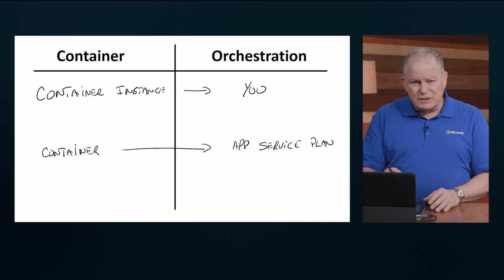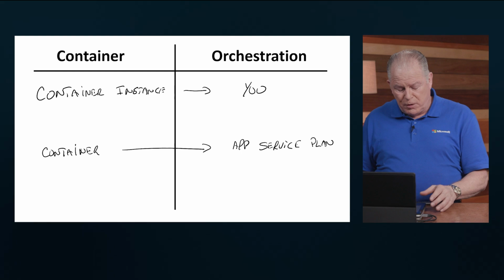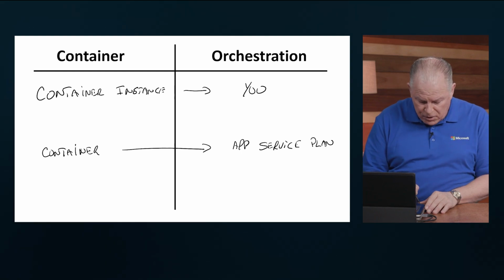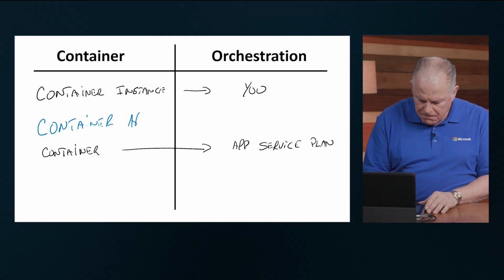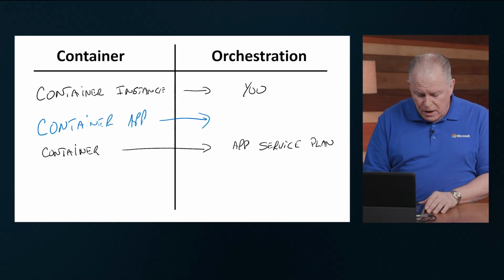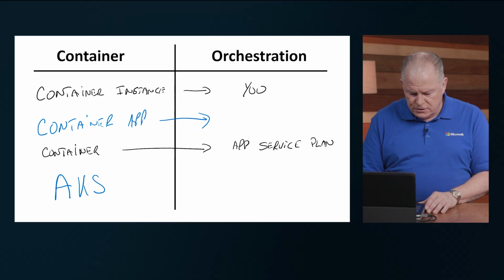And so this is what we talked about in another recording, container instances and containers as part of app service plans. And in this module, what we're going to be talking about is container apps, which is the actual module, but this is where I'm also going to introduce AKS, Azure Kubernetes Service.